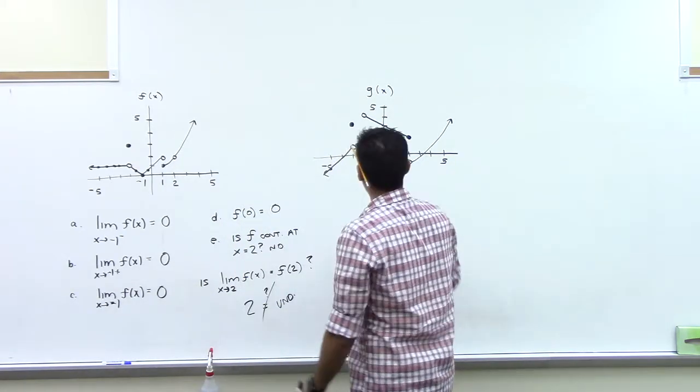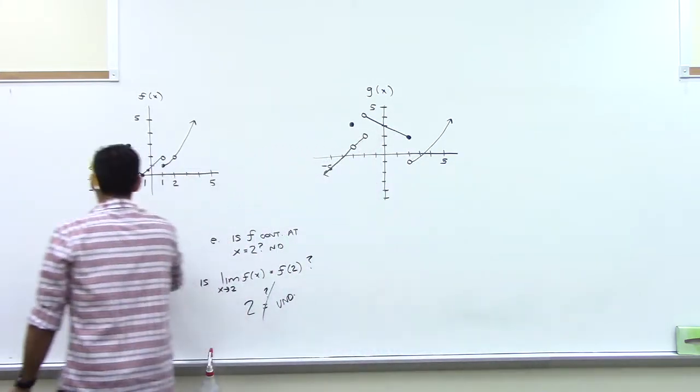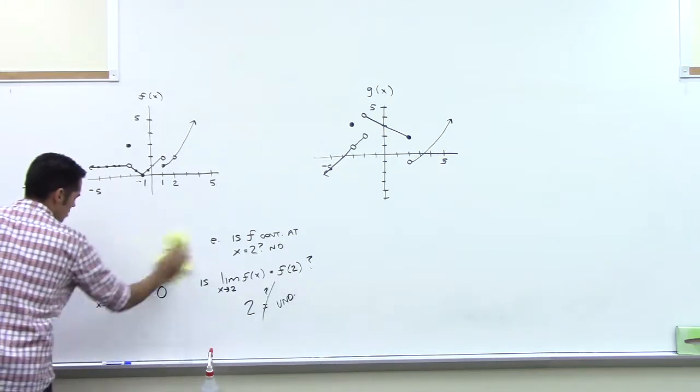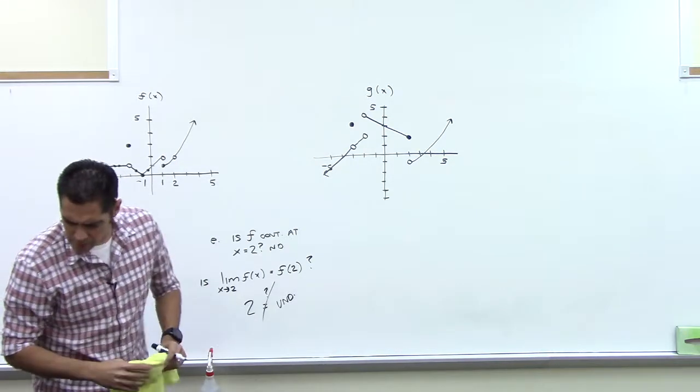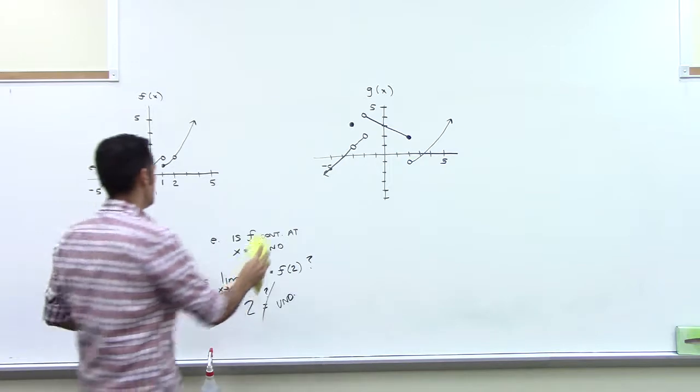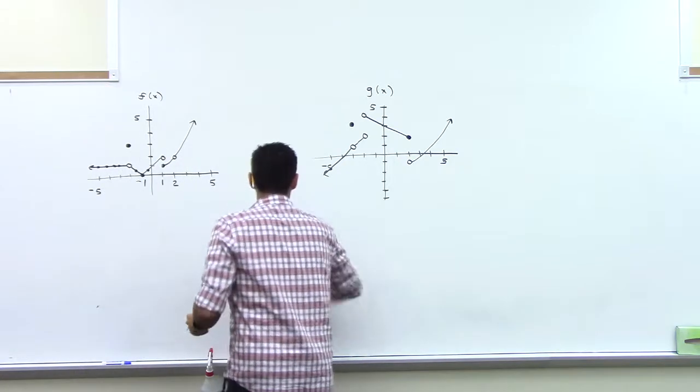All right, let's look at G, the next problems, which are 27 and 30. So let me list out all the questions first.